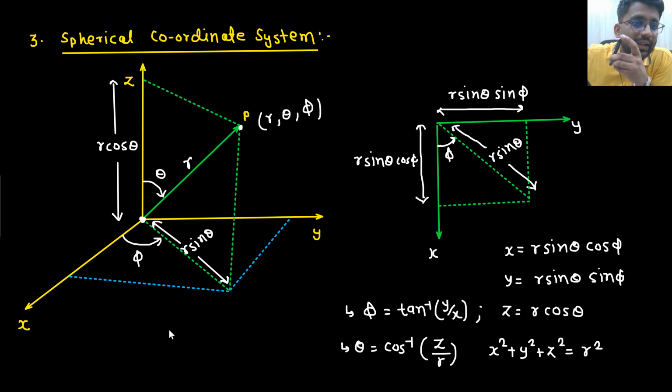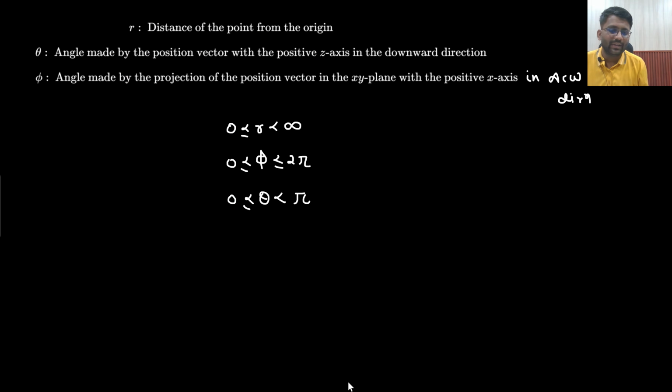Is that clear to you? So the angle is actually going from 0 to 180 degrees only. Theta would be from 0 to 180 degrees, not from 0 to 360. Is that clear to you? This is how you will cover the whole coordinate system. Theta goes from 0 to 180, again and again.